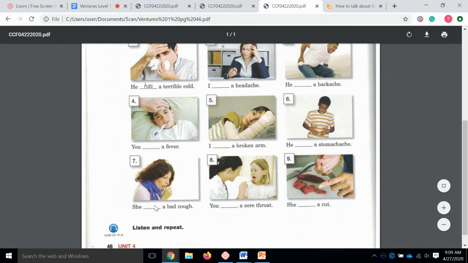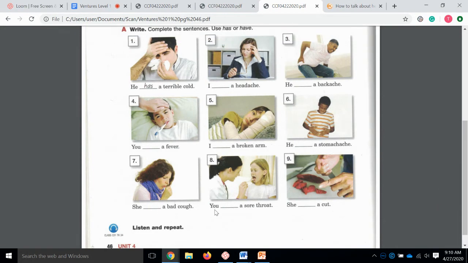You have a sore throat. Right here, our finger, she has a cut. She has a cut.